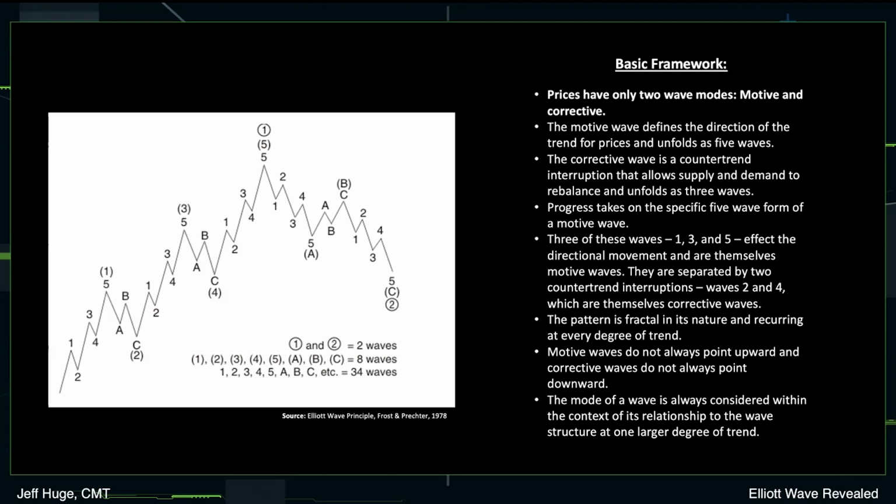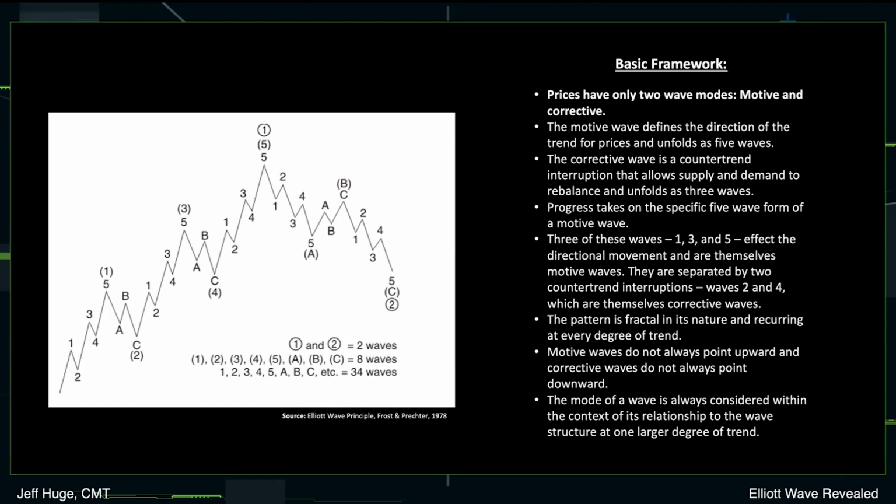So waves 1, 3, and 5 control the directional movement of the trend. Waves 2 and 4 are those counter trend interruptions, which allow supply and demand to rebalance, okay? And this pattern is a fractal in its nature that recurs at every single degree of trend.